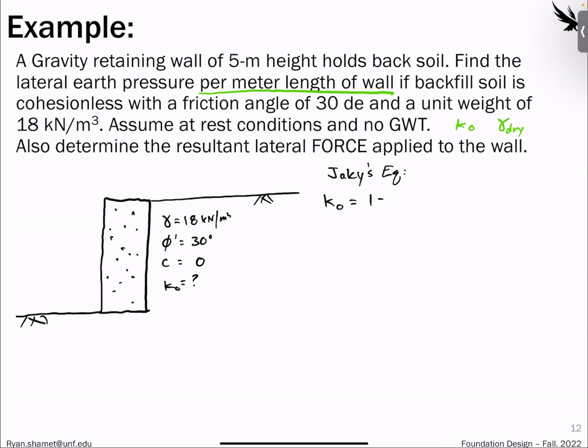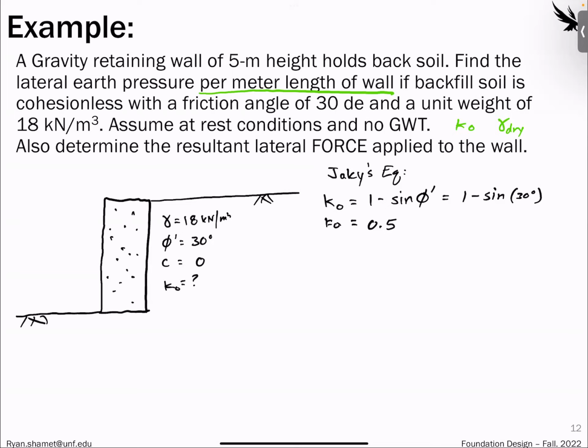K0 is equal to 1 minus the sine of our friction angle. So we plug this in, 1 minus sine 30. We see that this is a nice even 0.5. So this is our K0 value. That means that as our vertical stress increases as we go deeper down, our horizontal stress is going to be half of our vertical stress.